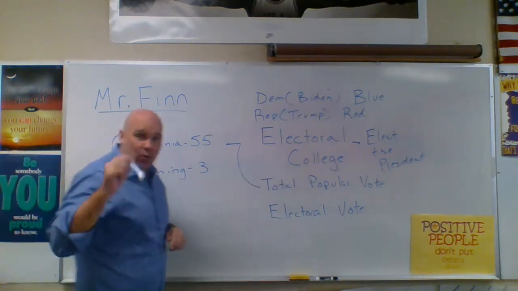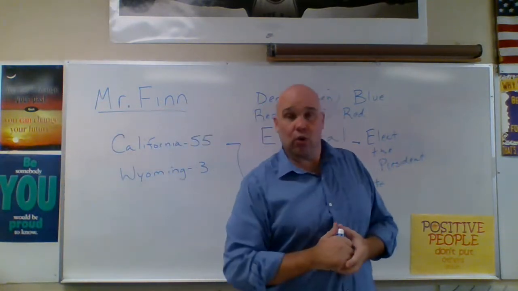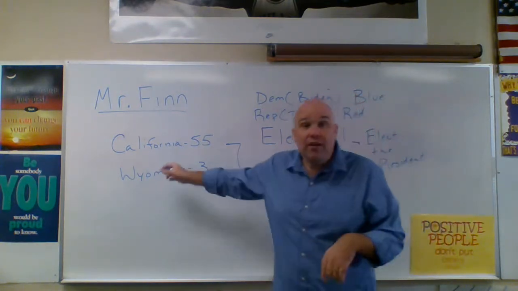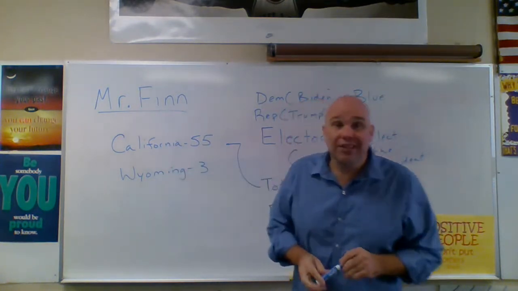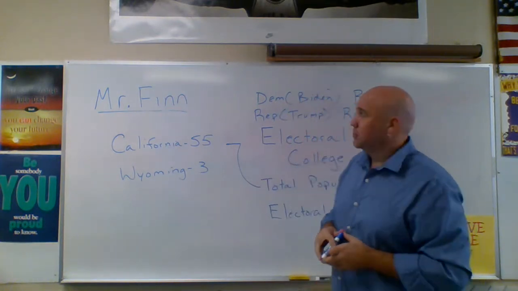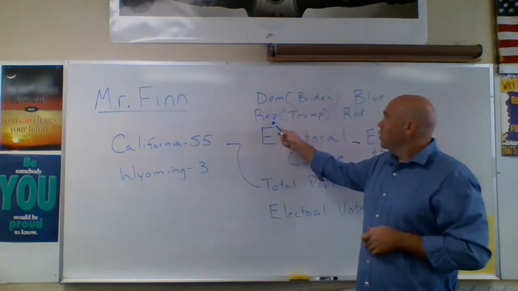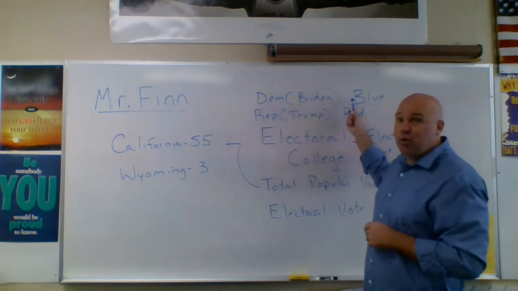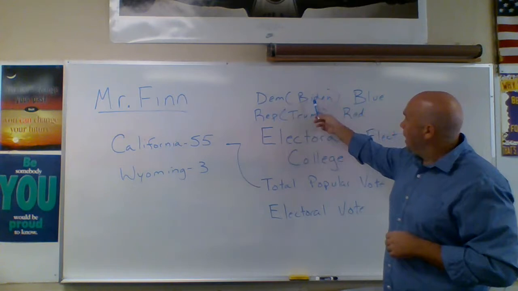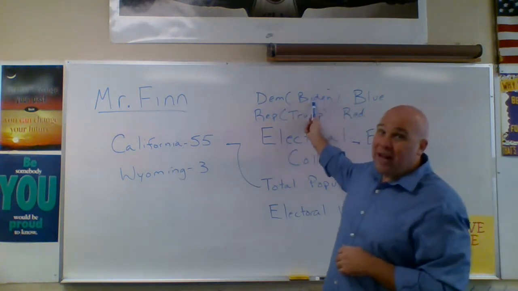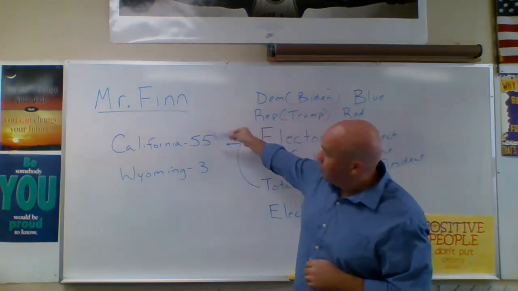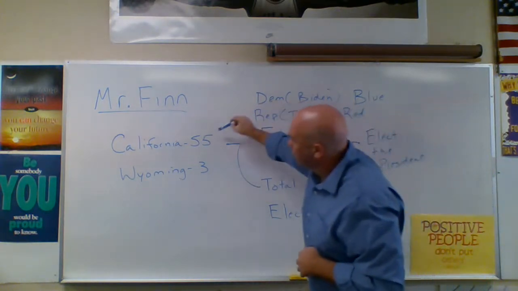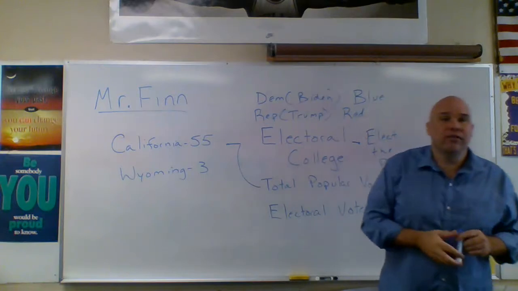So the first thing I want you to do when you look at the election map, since we talked about California, look at California. What color is California on that map? Is it red or is it blue? Red or blue? If it's blue, that means that Biden would have won that state, and Biden would have got how many Electoral College votes? 55. If it's red, that would mean that Trump won and got 55 votes.